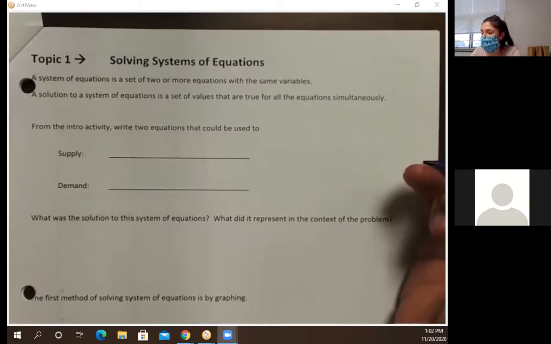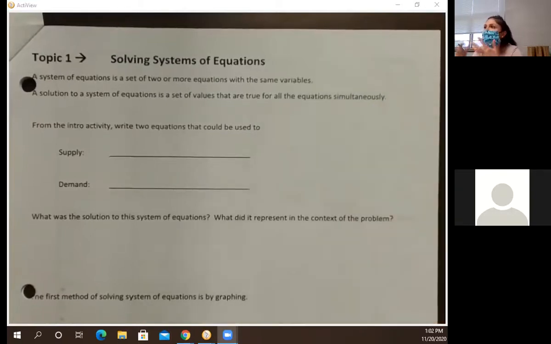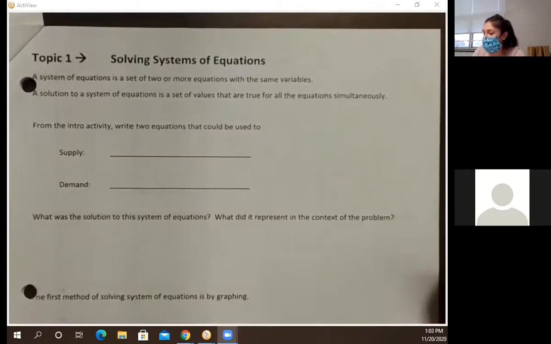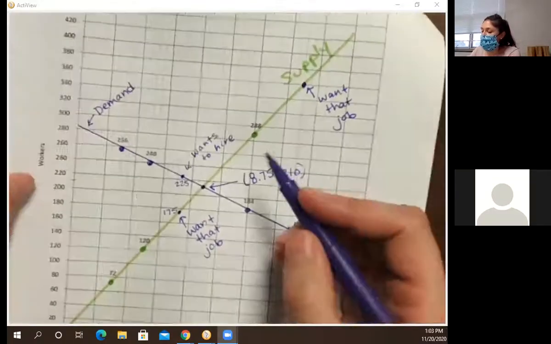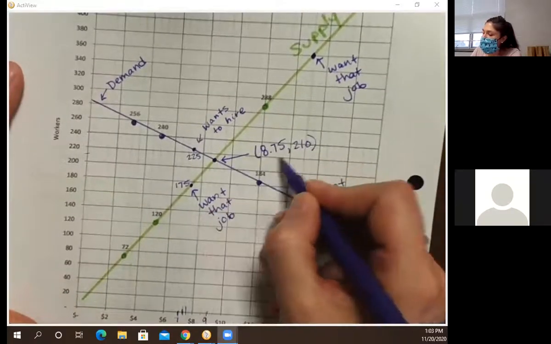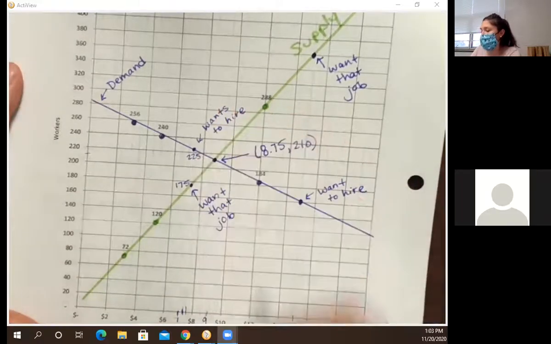We're going to stick to 2. It's a set of 2 or more equations where I'm dealing with the same variables. So hourly wage and number of people were our variables for that last problem. Our solution would be, in this case, those values that were on both lines, okay? That intersection point.